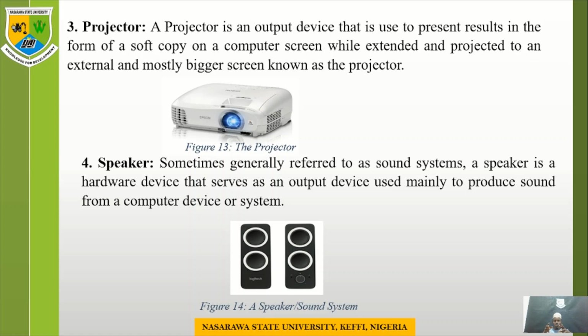A projector is an output device used to present results in the form of soft copy on the computer screen, extended and projected to an external and mostly bigger screen. Yeah, this is a projector.